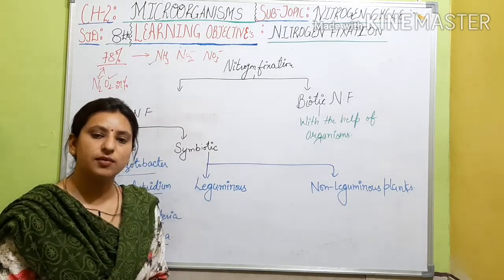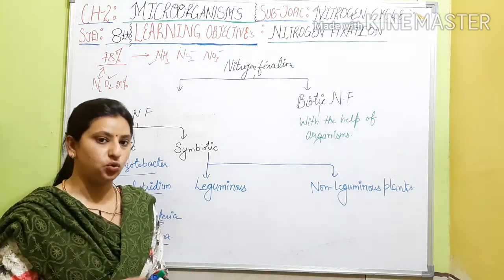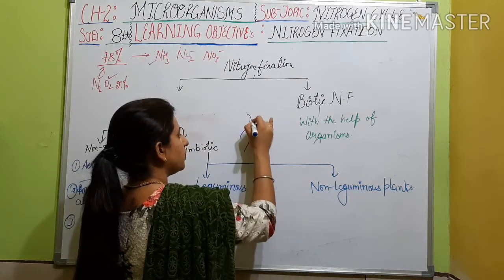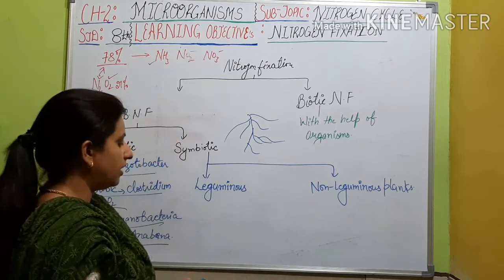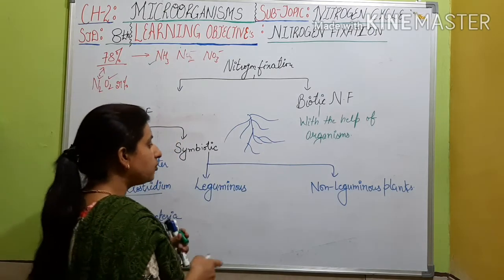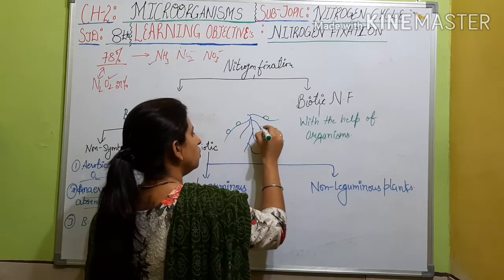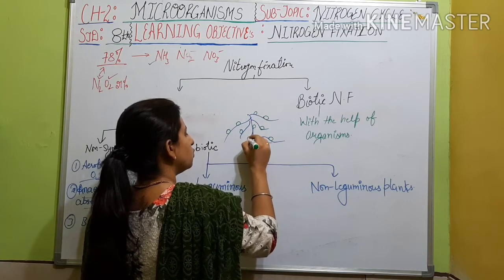So legumes are those which have nodules in their roots. Simply, the roots are like this structure, and in the roots these leguminous plants have this type of circles, nodules. They have nodules in their roots.